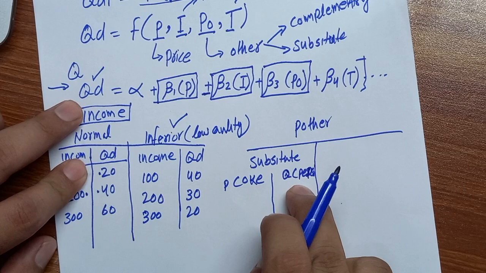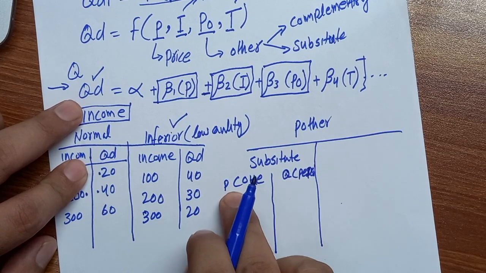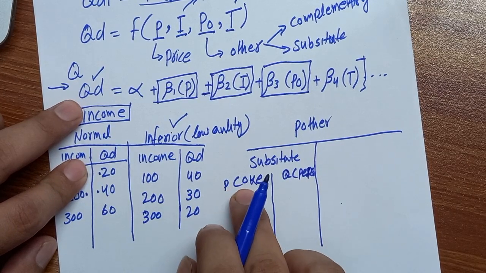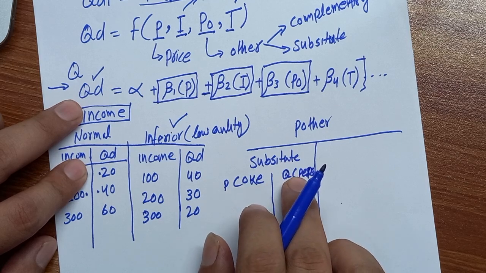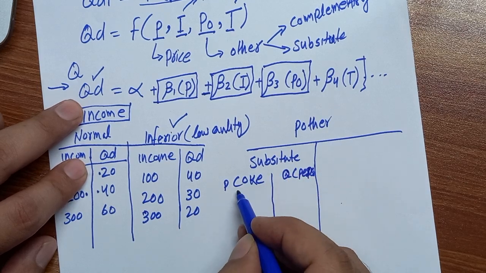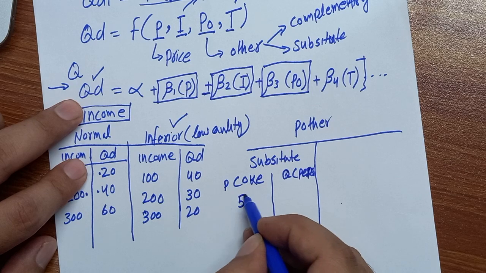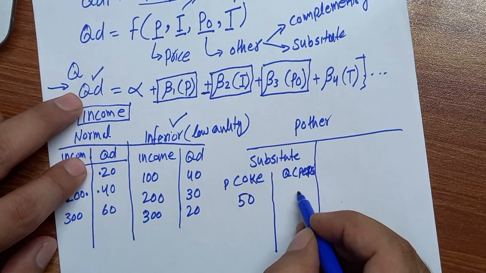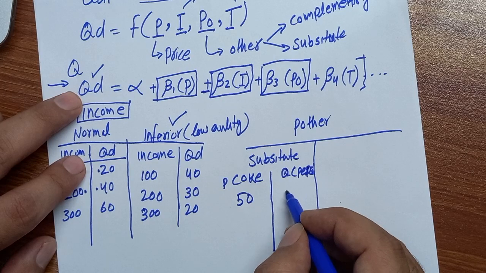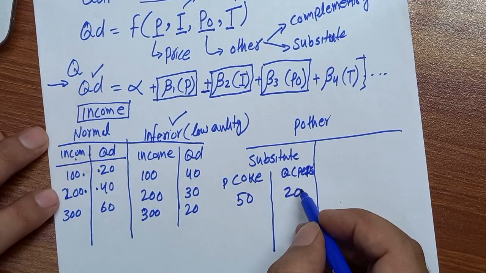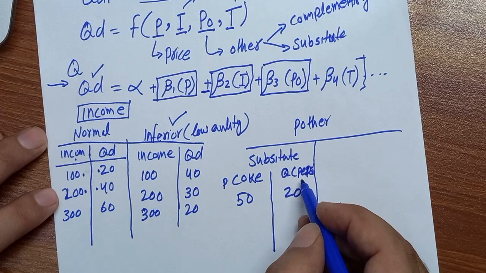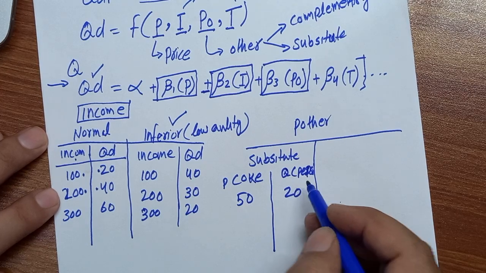You are selling Pepsi, and the price of the substitute, it means Coke, is increased. Your quantity of demand will be affected. When the price of the Coke is, let's say, 50, you are selling, let's say, 20 bottles of your Pepsi.